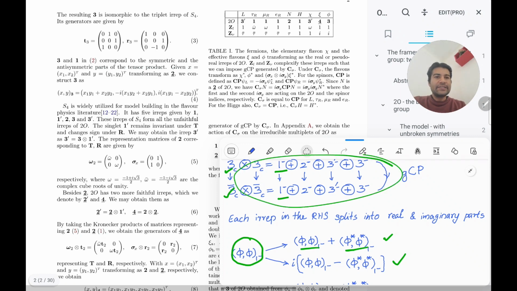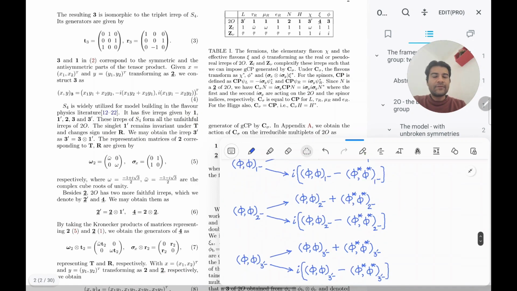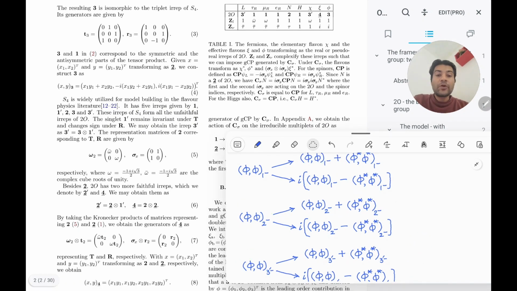And this is true for the other multiplets also. We have the doublet splitting into real and imaginary parts, and the triplet prime also splitting into real and imaginary parts. More complicated cases of linear combinations appear in my paper.